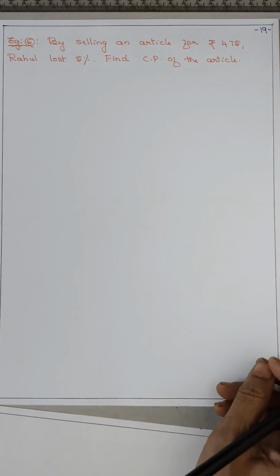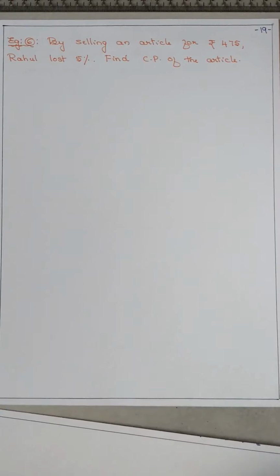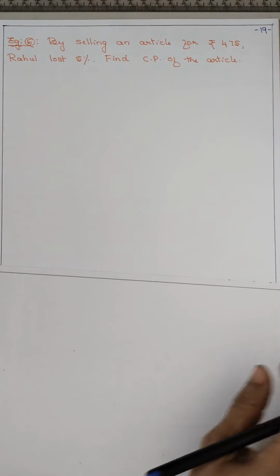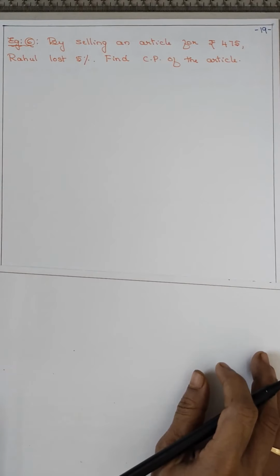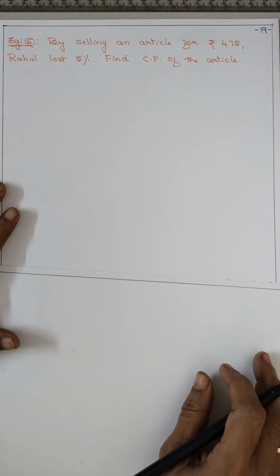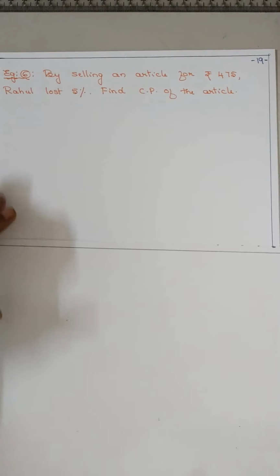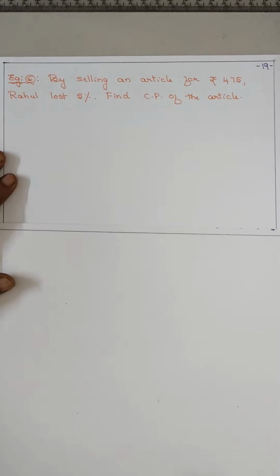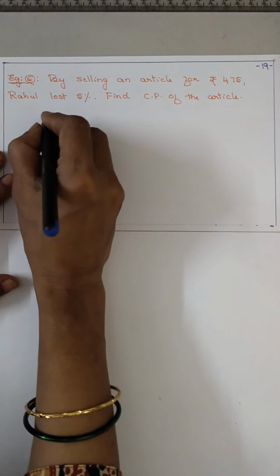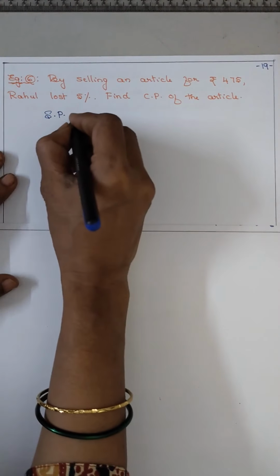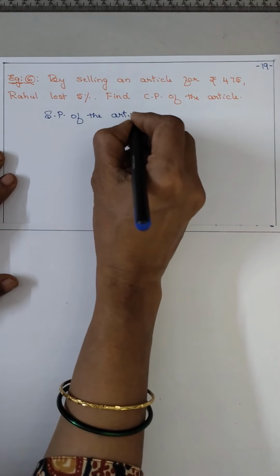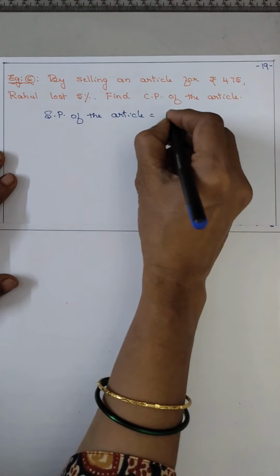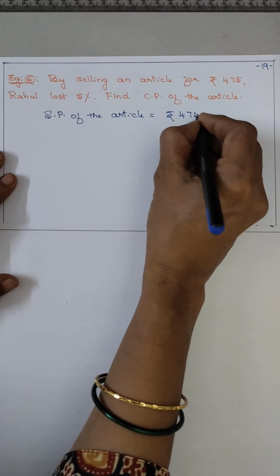Now coming to example 6. By selling an article for rupees 475, Rahul lost 5%. Find the CP of the article. By selling an article, selling means what? SP of the article is equal to rupees 475.